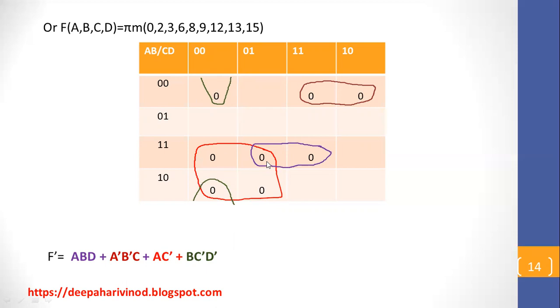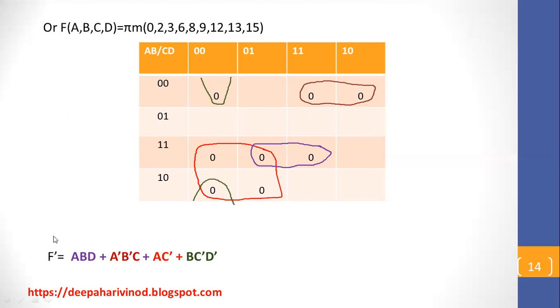The common term is A C bar, and for the next group the equation is ABD, for the next it is A bar B bar C, and for this group the equation will be B C bar D. So we got the equation F bar.